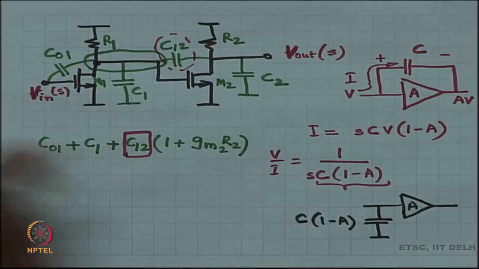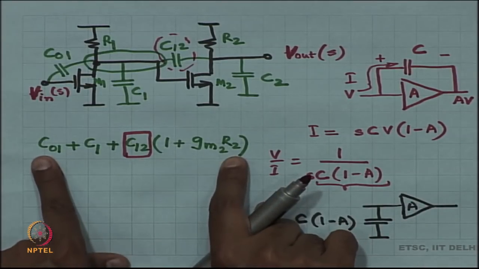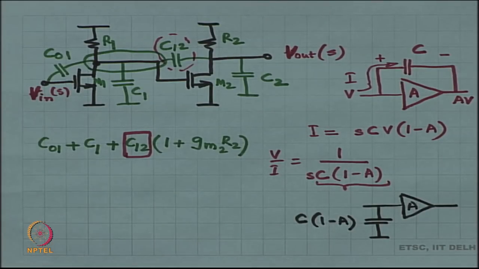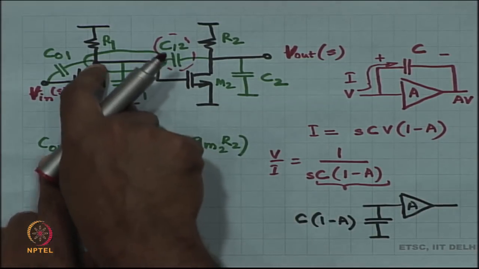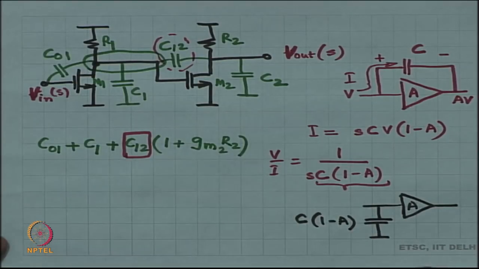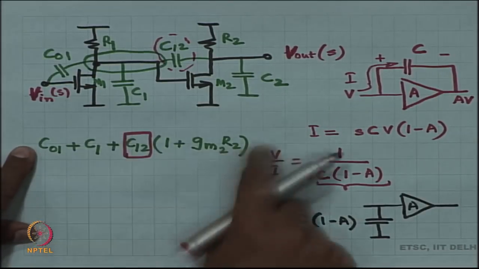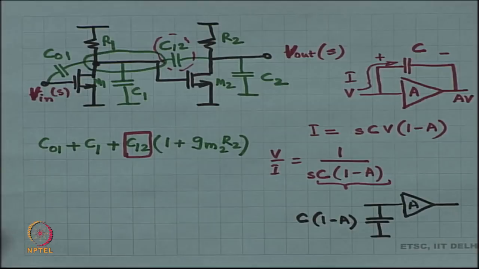That is not going to change the DC gain, but it is going to drastically change the location of the first pole and maybe the second pole. Let us see what happens to the second pole. I have not checked the second pole as yet. This is the capacitance at node number 1, right. So, the location of the first pole is 1 by RC, R1 times this capacitance. Okay. The second pole I have not really checked so far.